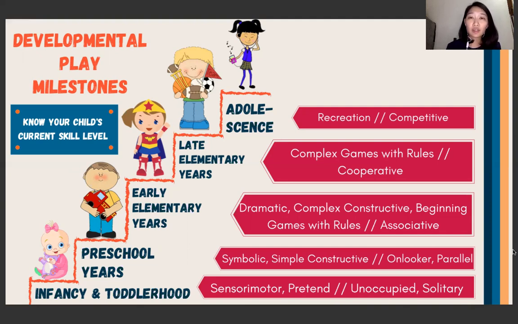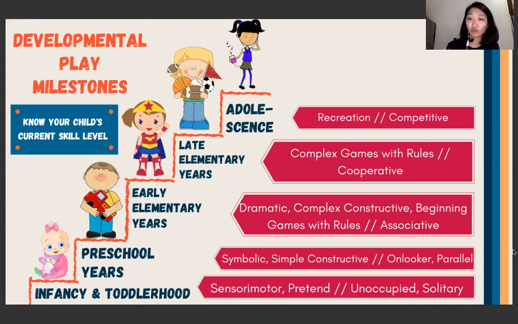Moreover, these stages can overlap. It does not necessarily mean that if a child is expected to engage in complex constructive play, he cannot anymore engage in a lower level, or let's say symbolic play.